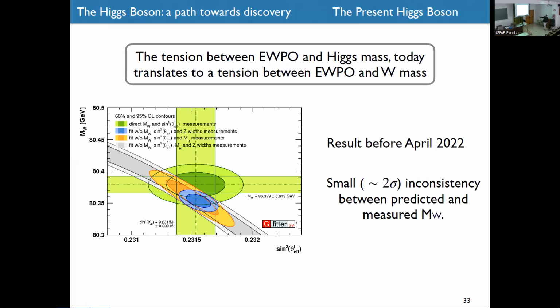This blue blob here was the theoretical prediction of the mass of the W, obtained with the same formula I showed you before. While these green bands are the measurements. And at the time, the inconsistency was around 2 sigmas.